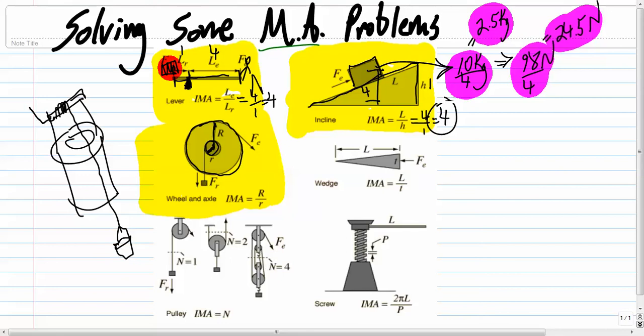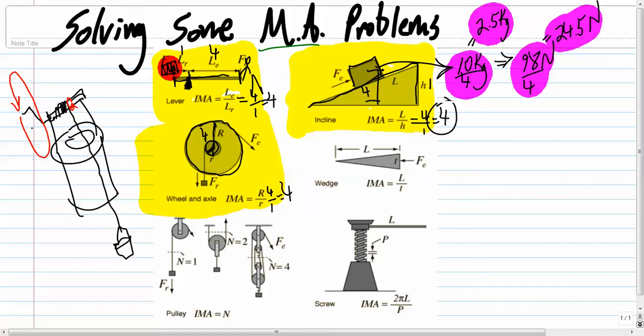And so what's going on here is when you take your hands and move this crank around in a circle, this bar here is going to go around in a smaller circle, and that's going to make the work feel several times easier.